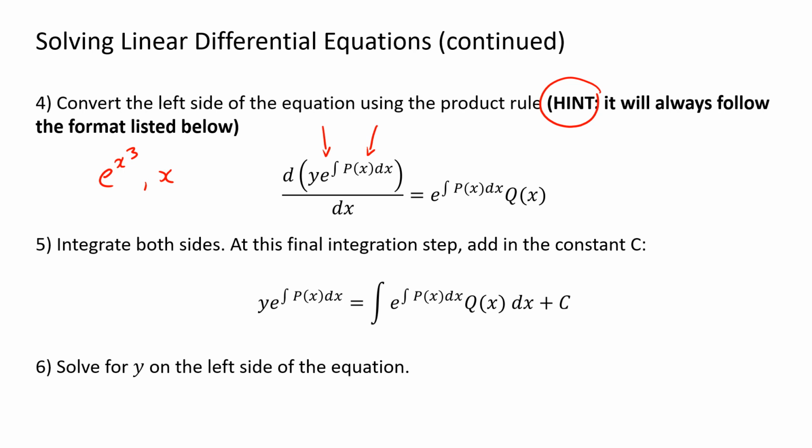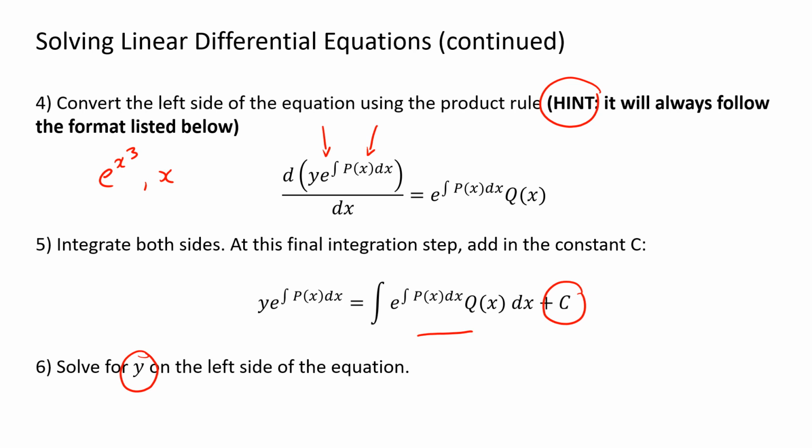Your final step is to integrate both sides. So on the left-hand side, you're always going to be left with y times your integrating factor, or again, whatever the variable is for y, and it's equal to the integral of q of x times your integrating factor on the right-hand side. Don't forget to add the constant, and then your last step is to solve for y.